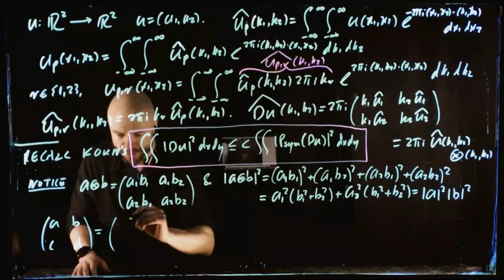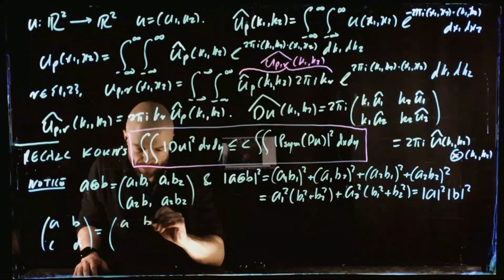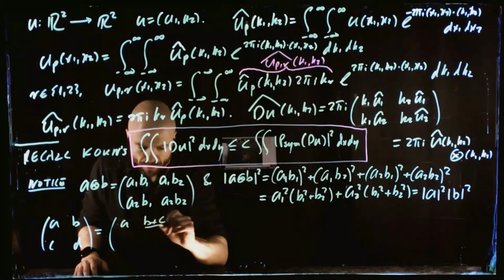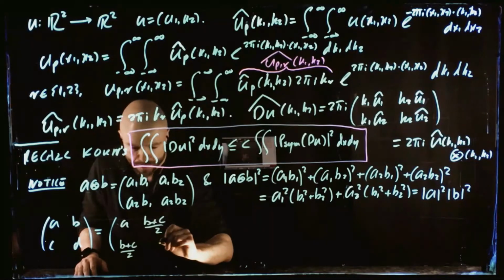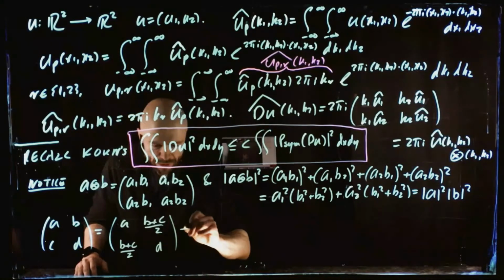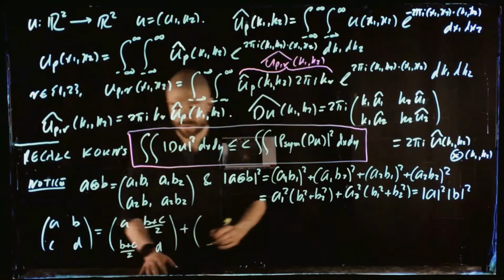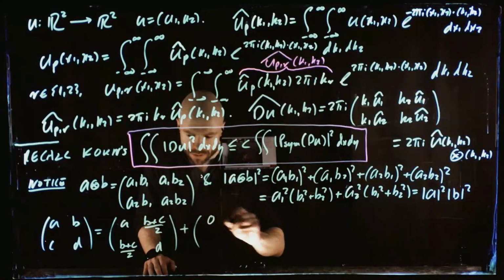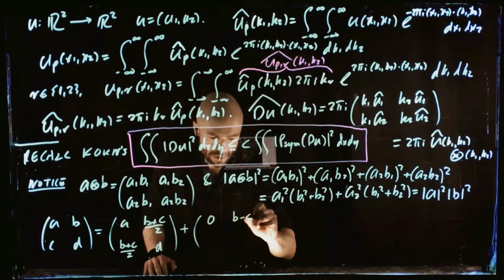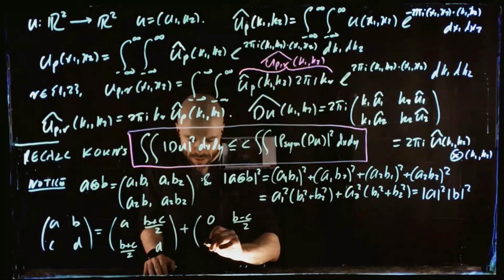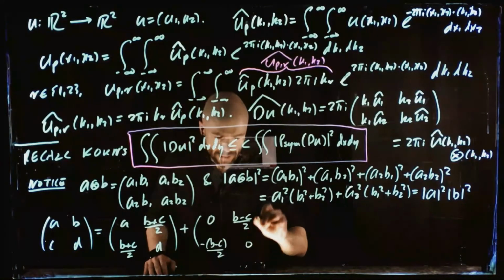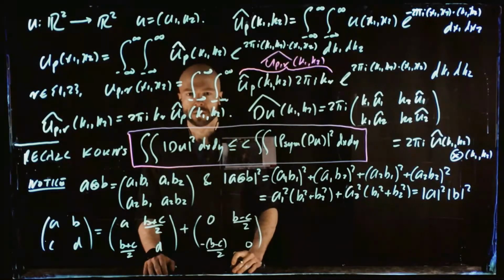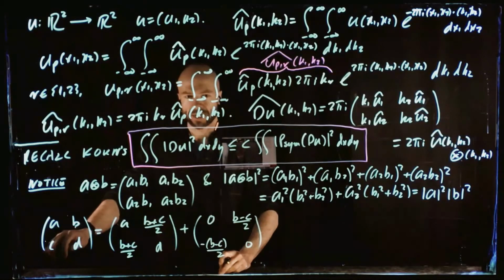To do it, we do this. That thing forms a symmetric matrix, and we do this. And if we add these two together, we get exactly the same thing.